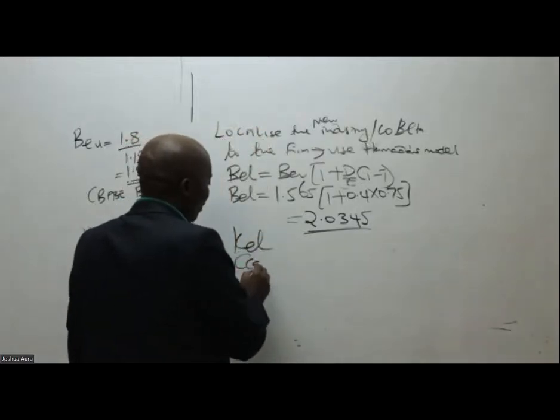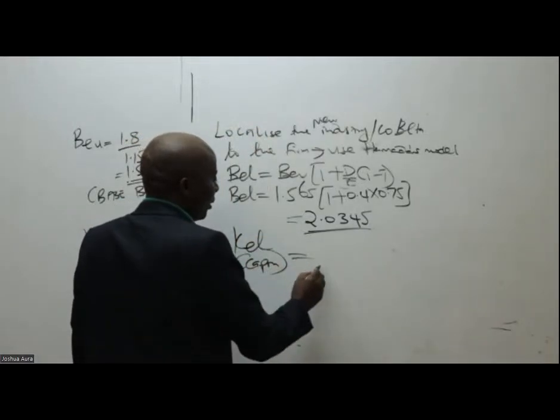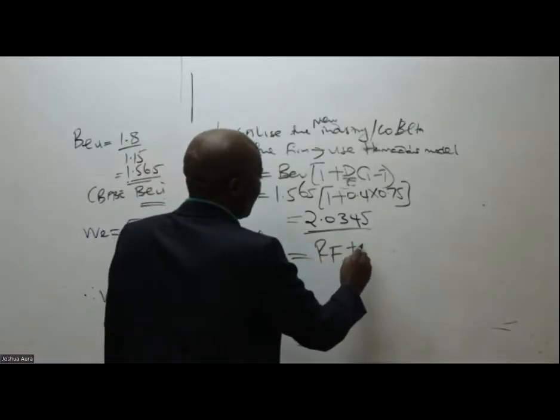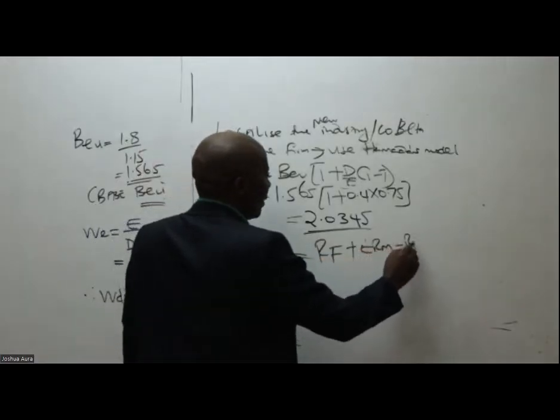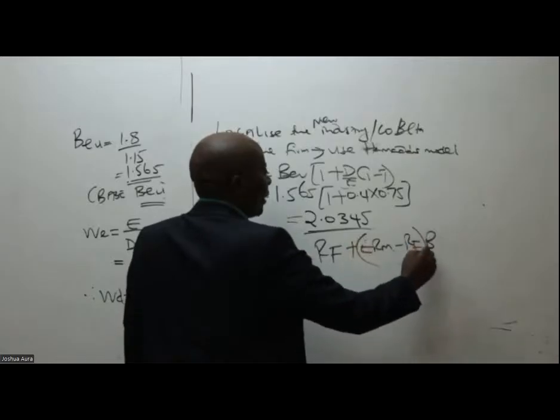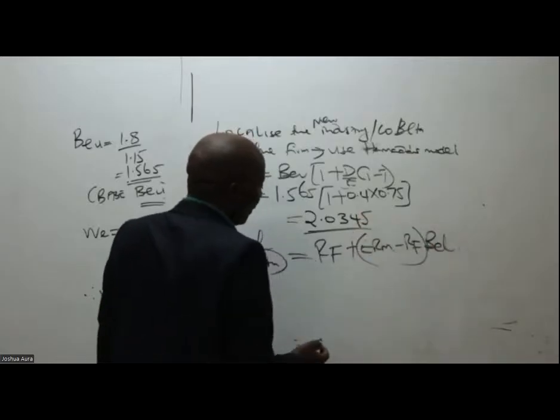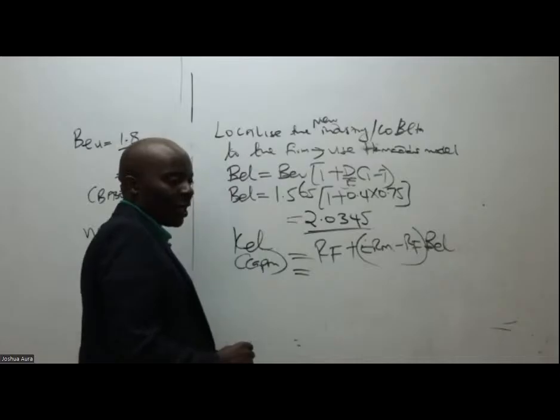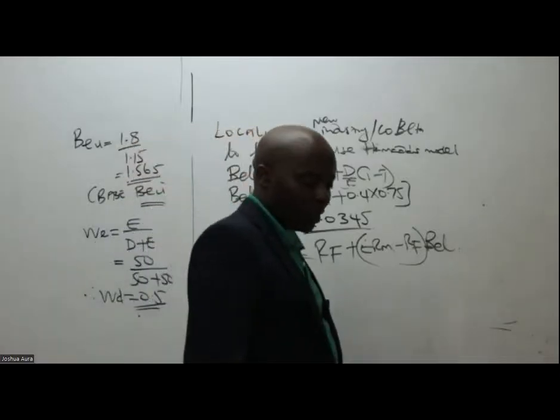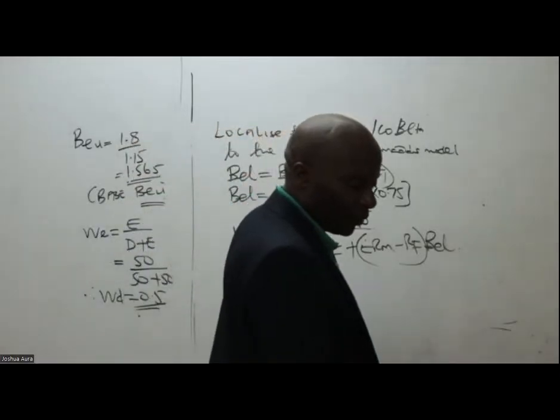So this one here will be risk-free plus the expected return of the market minus risk-free, multiplied by the beta equity of this firm that you got up. Are you able to see the risk-free rate of return?